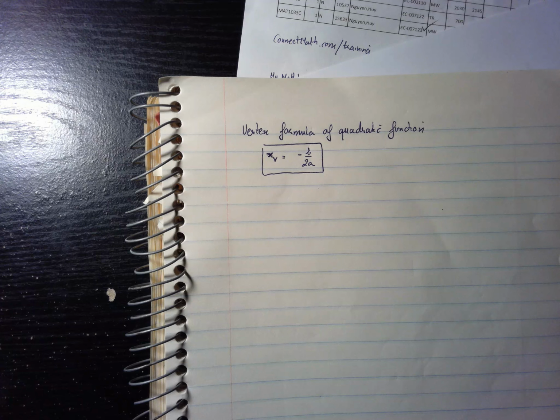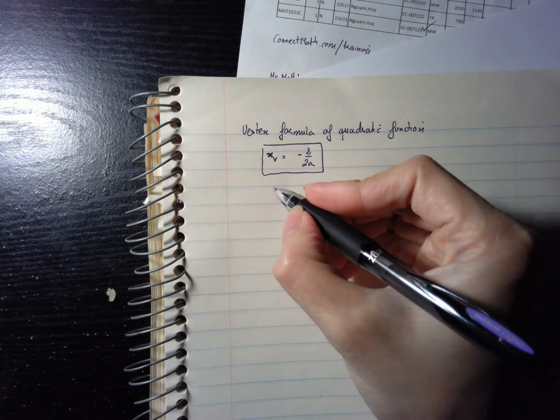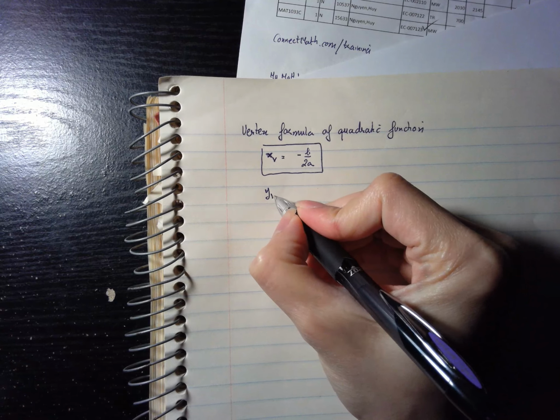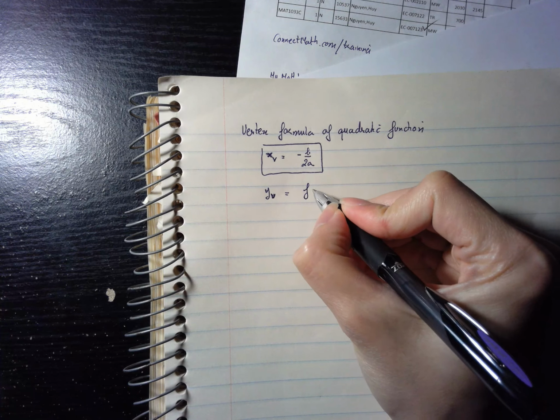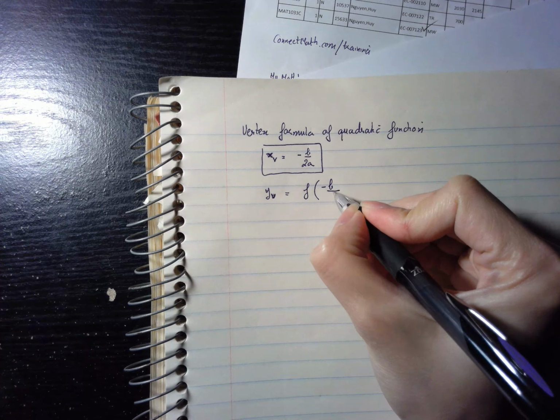And as long as we have the x component of the vertex point, then we can find the y component of the vertex point easily by just plugging into the function. It means we can see the x_v, the x component of the vertex point, as the input, and in order to find the output we just plug into the function. So y_v, this is the output, equals f of negative b over 2a.